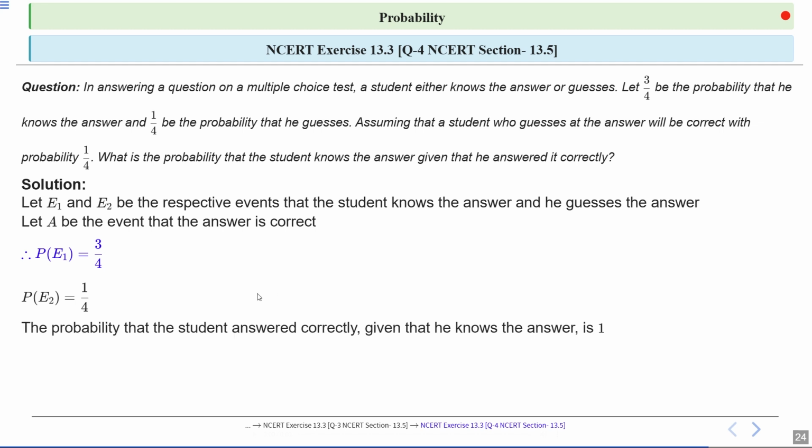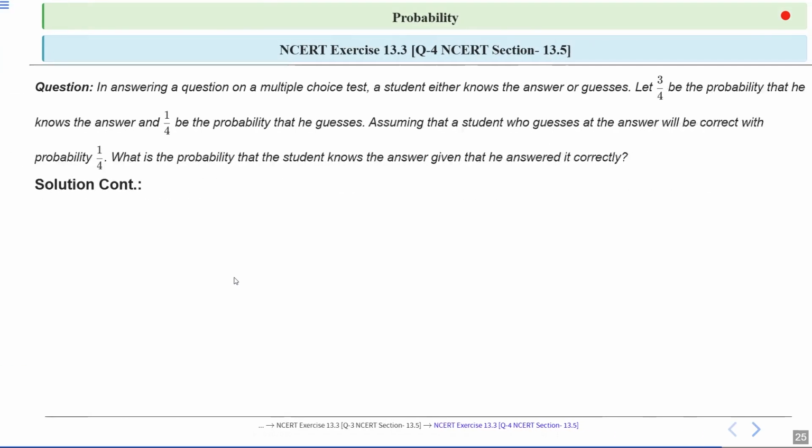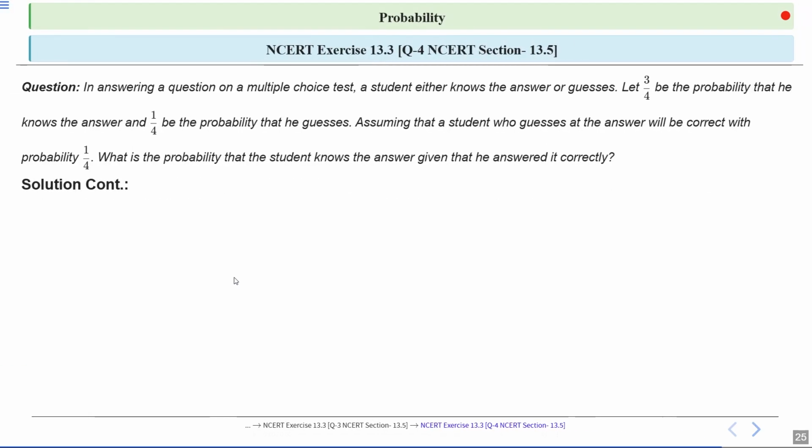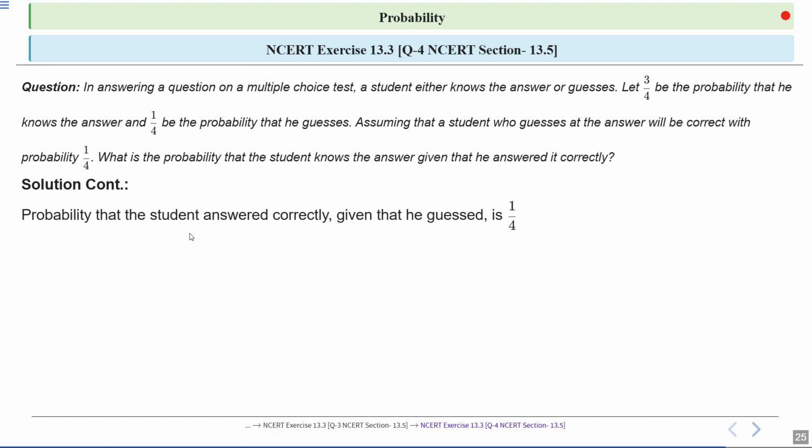The probability that the student answered correctly given that he knows the answer is 1. Therefore, probability of A given that E1 equals 1. And the probability that the student answered correctly given that he guessed is 1 by 4. Therefore, probability of A given that E2 equals 1 by 4.